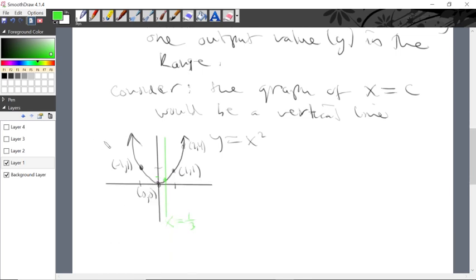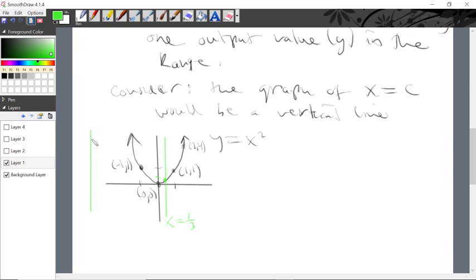So it would be helpful as an interpretation to think of scanning the graph with a vertical line: we take a vertical line and move it from the left to the right, and we're checking that no matter where we look in the scan, it is only ever intersecting the graph at most one time.